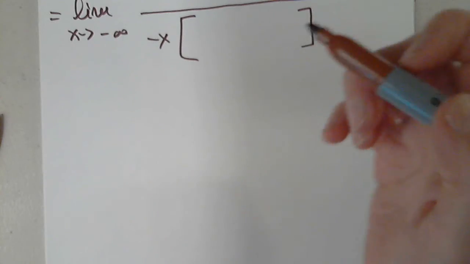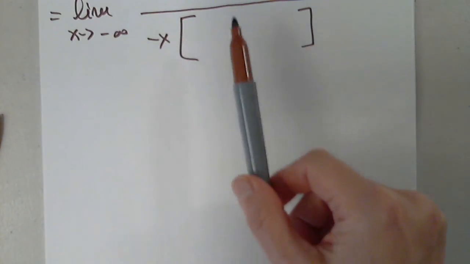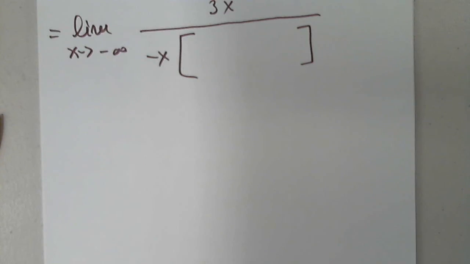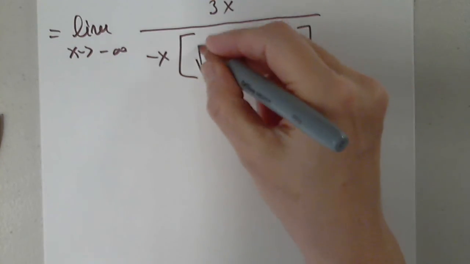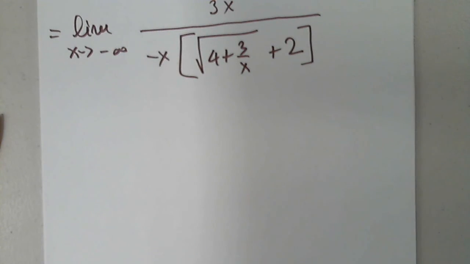Tell me what to write so that if you ever want to check, you're safe. This times this is that. This times this is that. Would it be the square root of 4 plus 3 over x out of the square root plus 2? That's it.